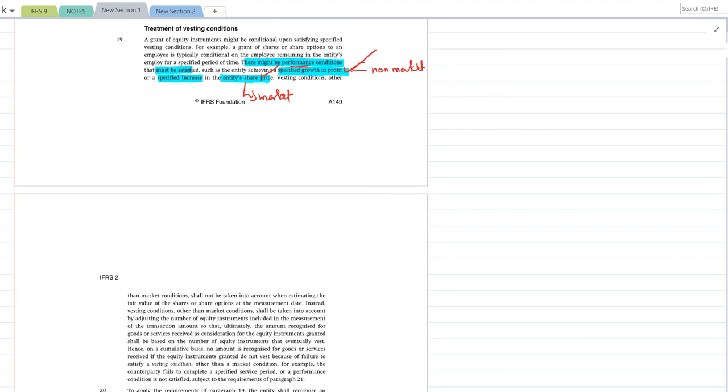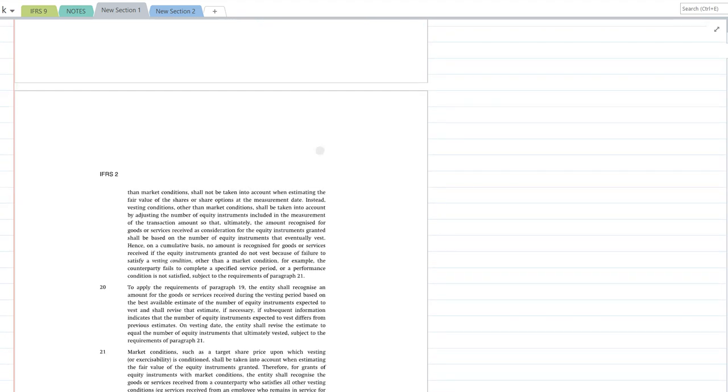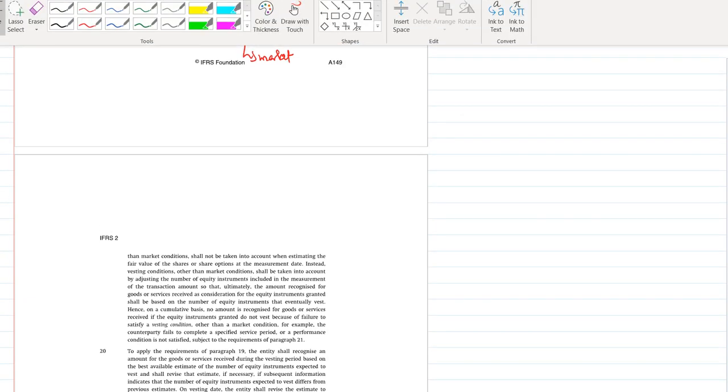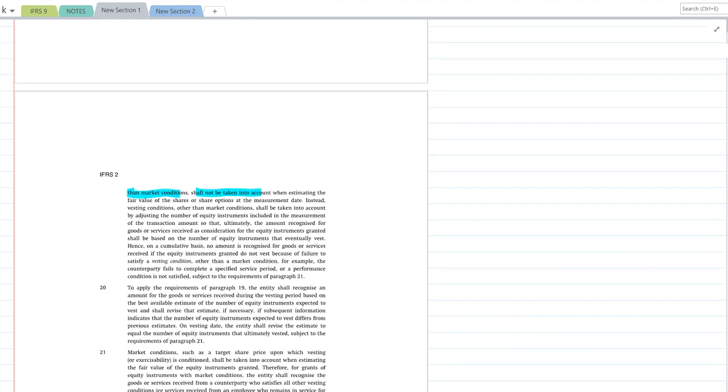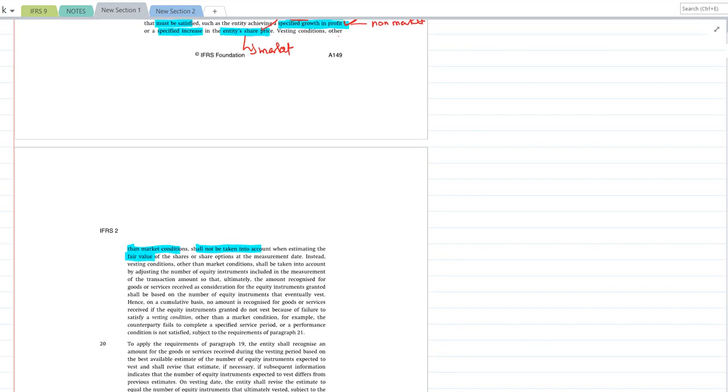Vesting conditions other than market conditions. Please listen to this. I've read this before, guys. Vesting conditions other than market conditions shall not be taken into account when estimating the fair value. So they are saying that only market conditions should be taken into account in determining the fair value.